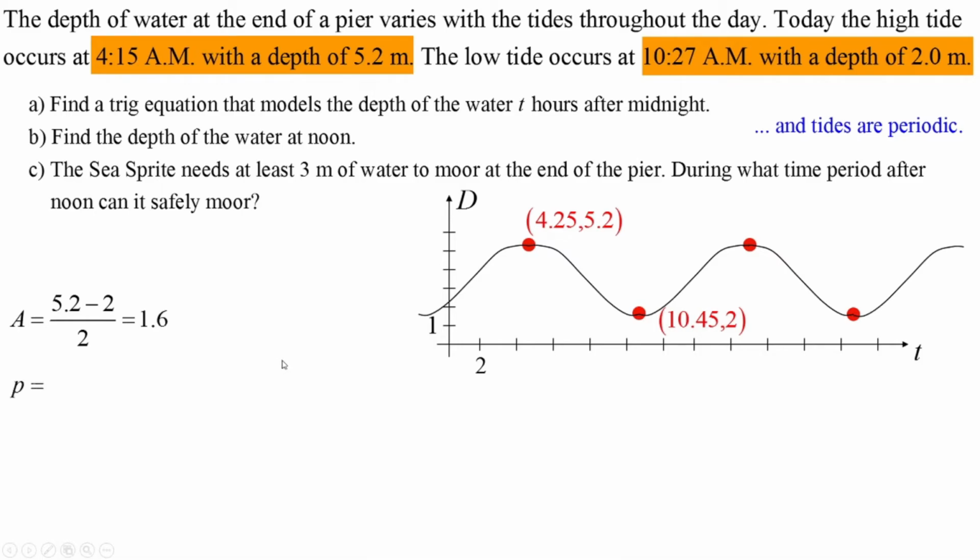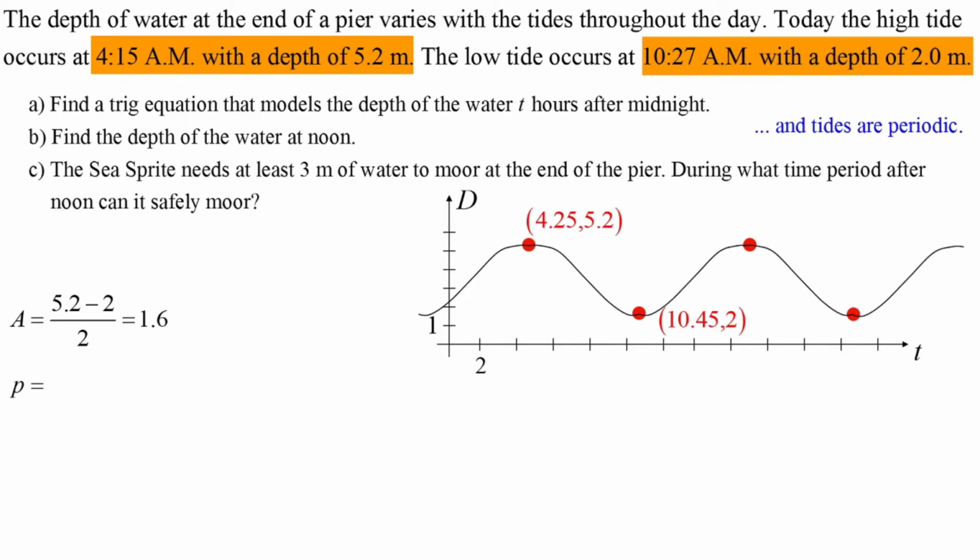Anyway, here we go. What's the period? All right, now I only have the coordinates of 2 points right here, but do you guys realize that going from the max to the min, that horizontal distance would be 1/2 of my period? So how about I find this horizontal distance right here by just going 10.45 minus 4.25?